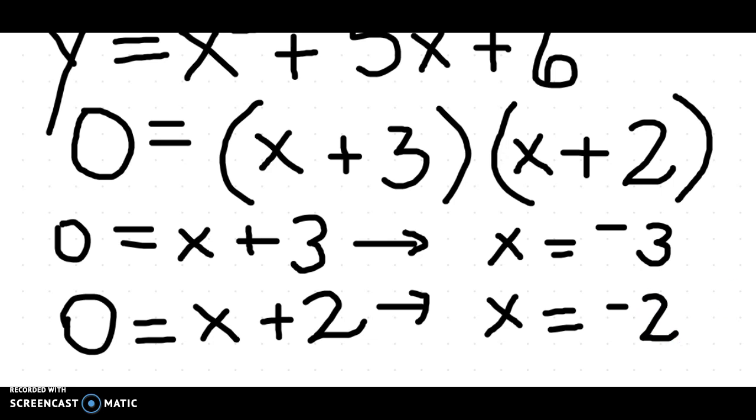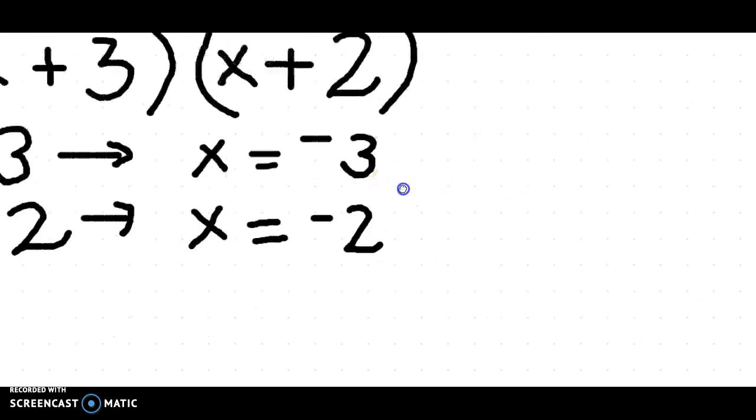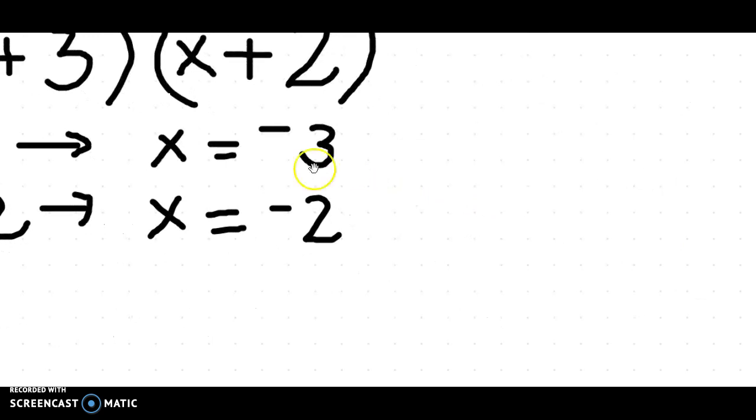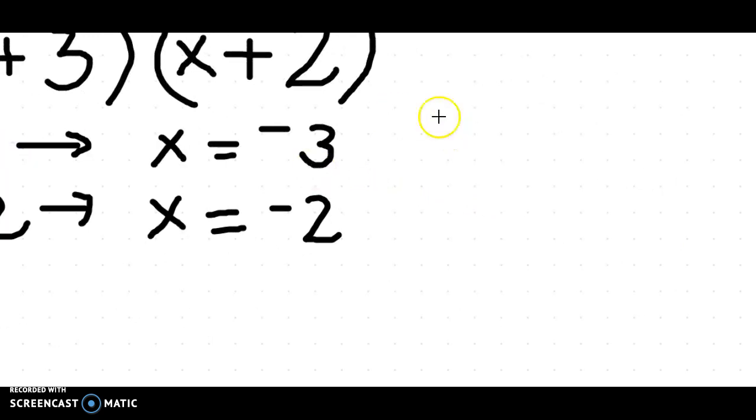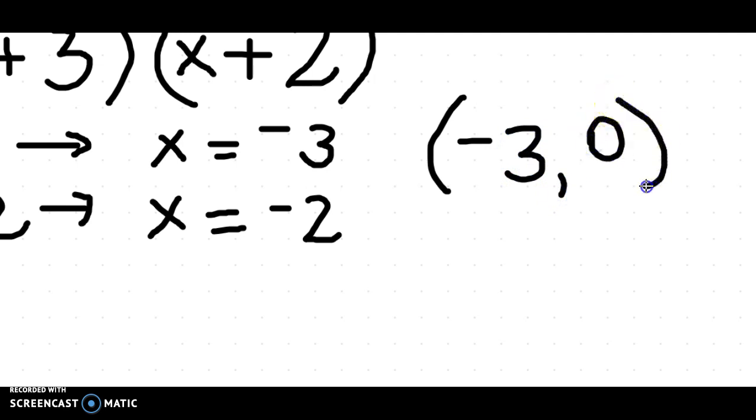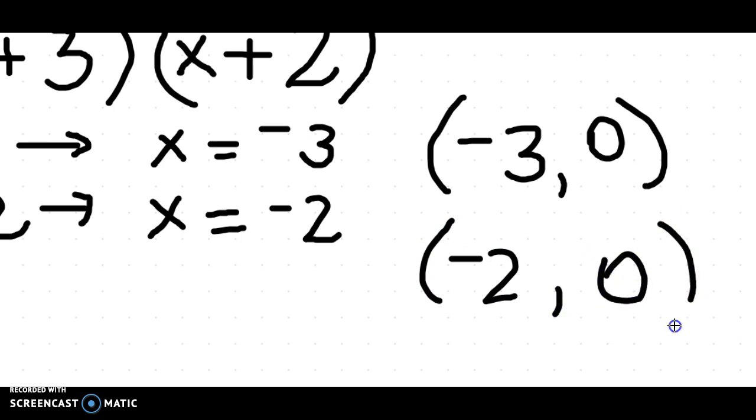And now if I turn that into ordered pairs, then I could say this function has 2 zeros. There's 2 different ordered pairs here where I would get y to be 0, right? If x is -3, then y will be 0. If x is -2, then y will be 0.